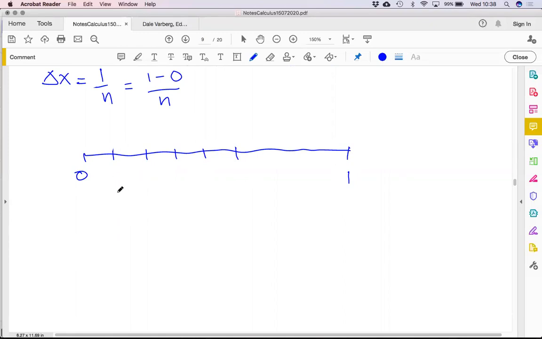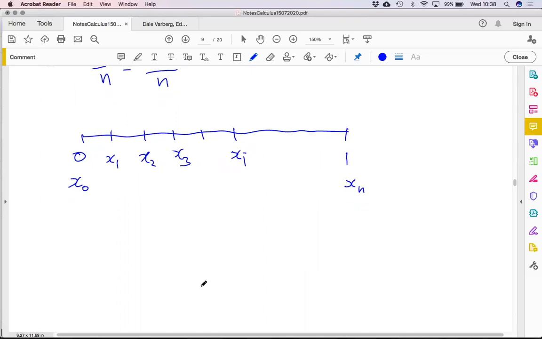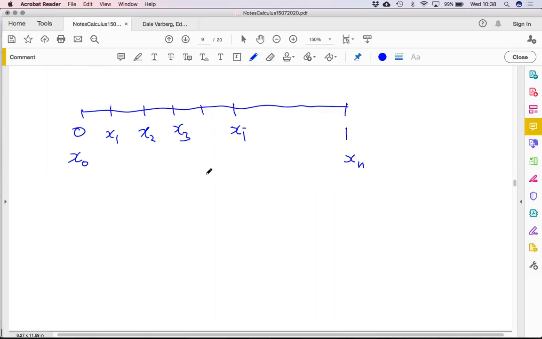Let's say this is x0, this is x1, x2, x3, and so on until xi, and the last one is xn. So what we need is the general form of xi. What is the general form of xi?